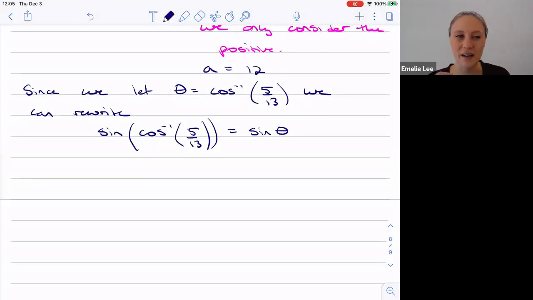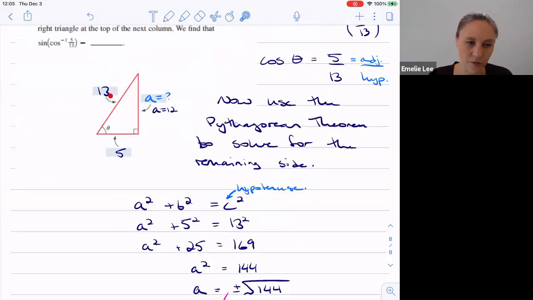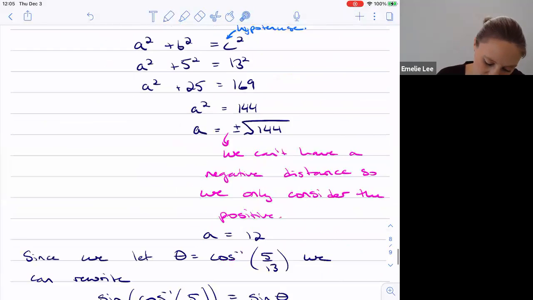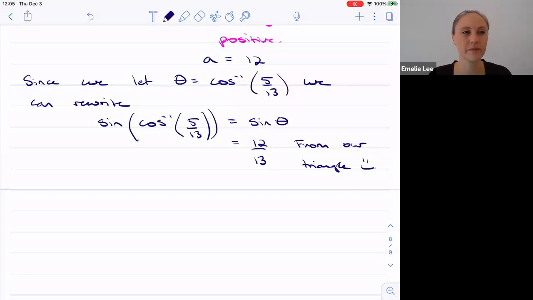Well, the sine of theta from our triangle is the opposite over the hypotenuse, which is 12 over 13. Not bad, right? As long as you remember to switch this and make that cosine and then solve for your triangle, as long as you follow those steps, it's actually pretty fun.